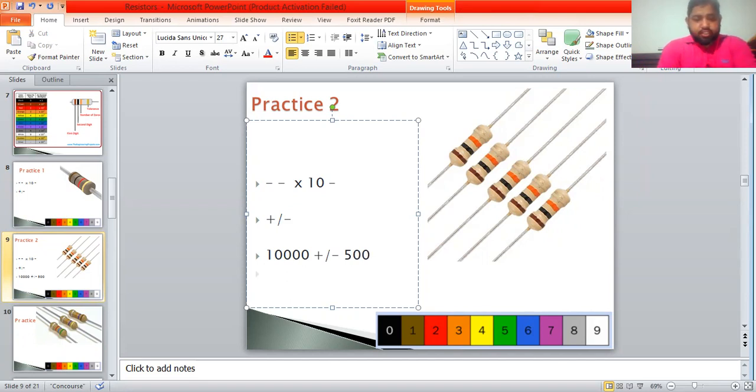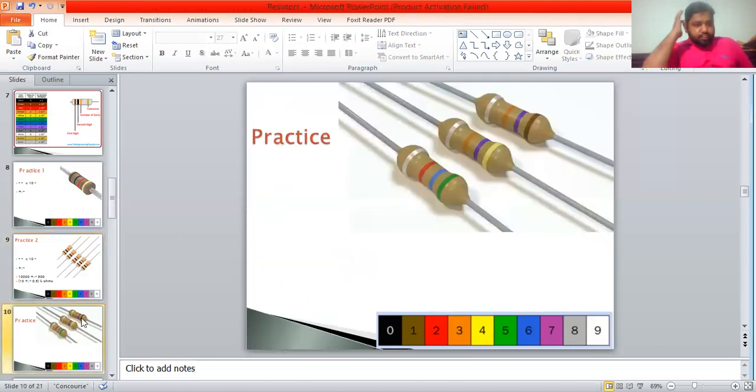So you can write it like this: 10 plus minus 0.5 kilo ohms. You can put it collectively like this. Okay, kilo ohms. You can write it like this. Okay, moving on. Next example.